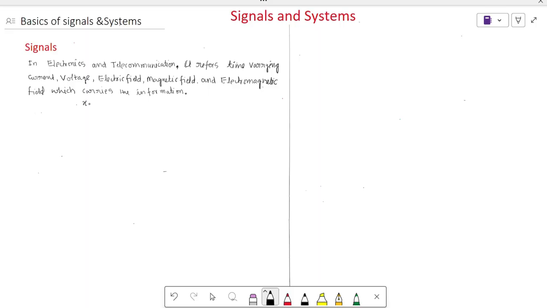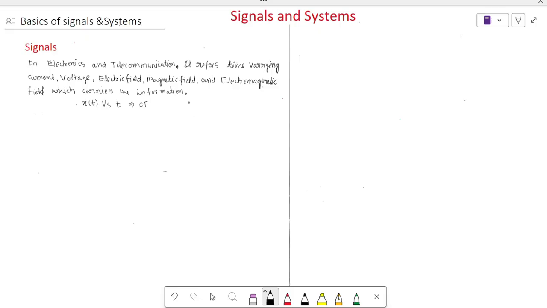This x of t will be taken on the y-axis, and time will be taken on the x-axis in case of continuous time.